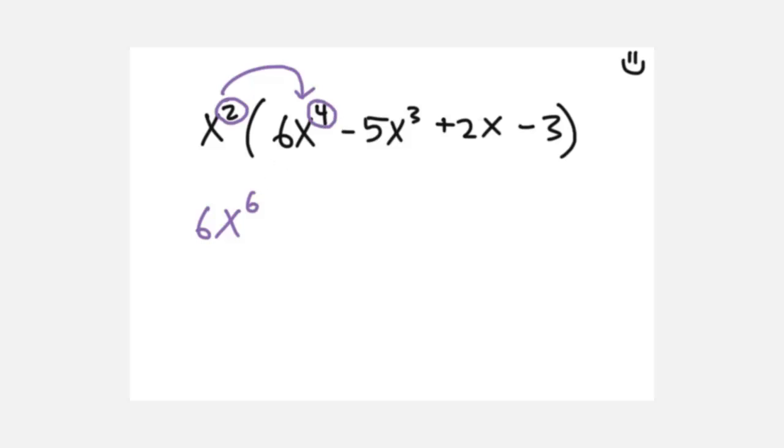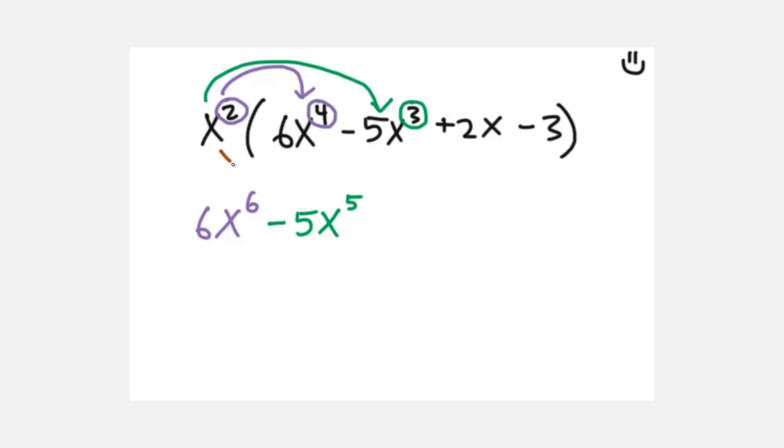Okay, the next one is we have the x squared, multiply that with the negative 5x cubed. That will give us negative 5x to the fifth, right? Because you're multiplying that monomial x squared with this negative 5x cubed, and you add the exponents, the 2 and the 3. You get that 5 here. Now we're going to take a look at the next one.